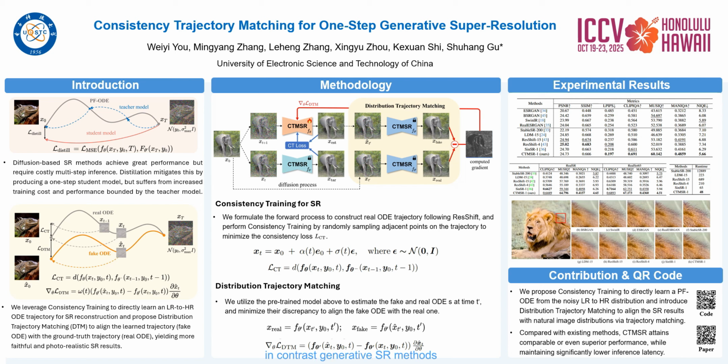results. In contrast, generative SR methods aim to generate HR estimations that conform to the natural image distribution, thereby producing more photorealistic images.